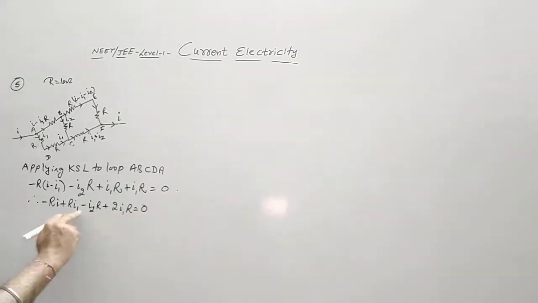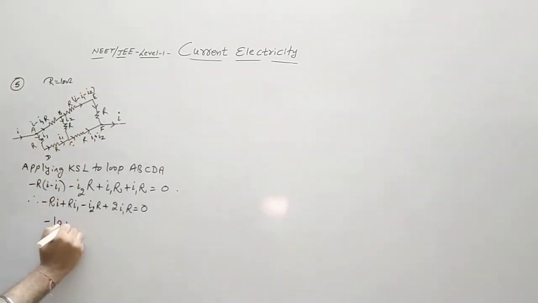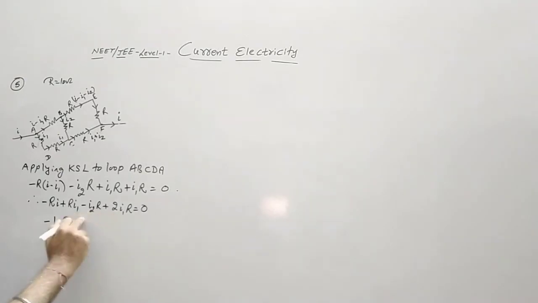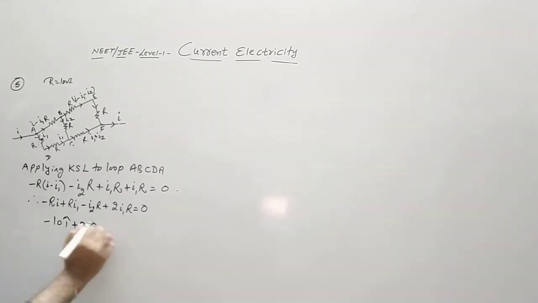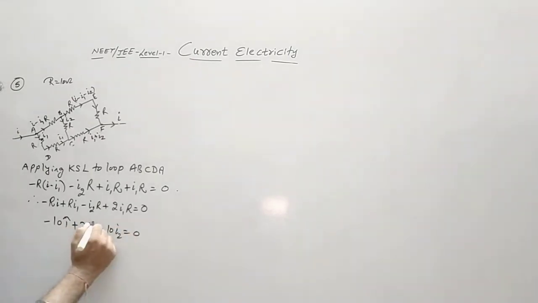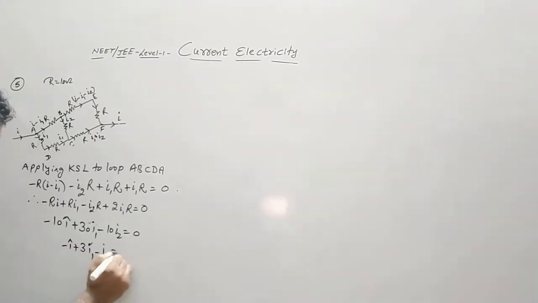We substitute the value of R, that is 10 ohms, so minus 10I plus 30I1 minus 10I2 is equal to 0. Divide it by 10: minus I plus 3I1 minus I2 is equal to 0. So this is the loop ABCDA, equation 1.